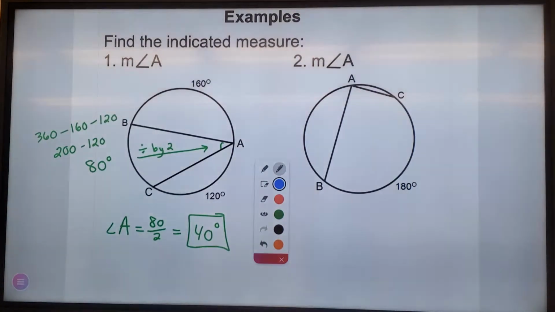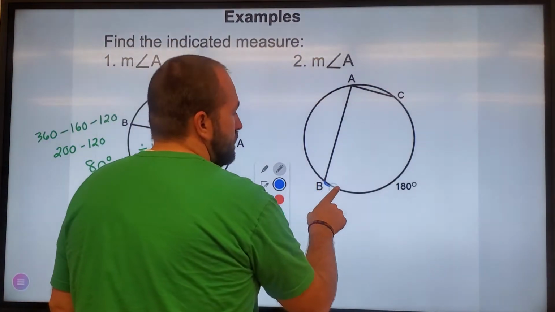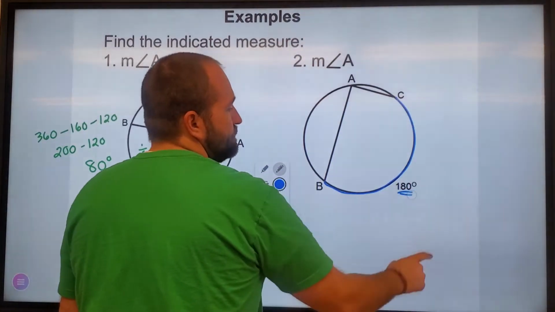Okay? So again, here I didn't directly give you the information that you needed. You had to find that information by using the content that we've discussed already to this point. Okay? Number 2, however, I do just give you the direct link. So I show you that this arc is 180 degrees.